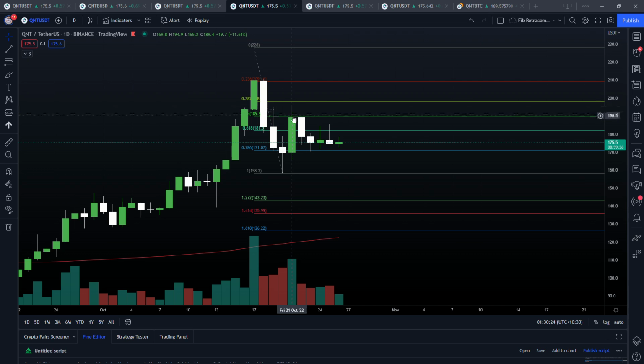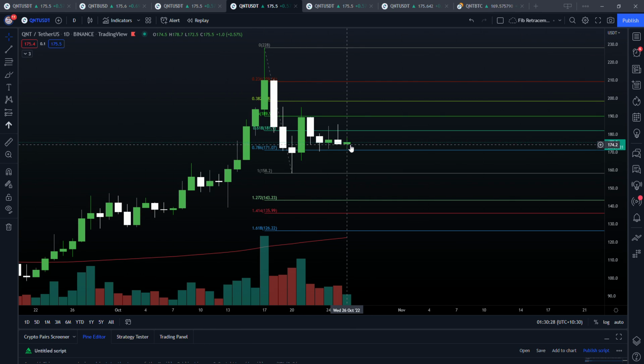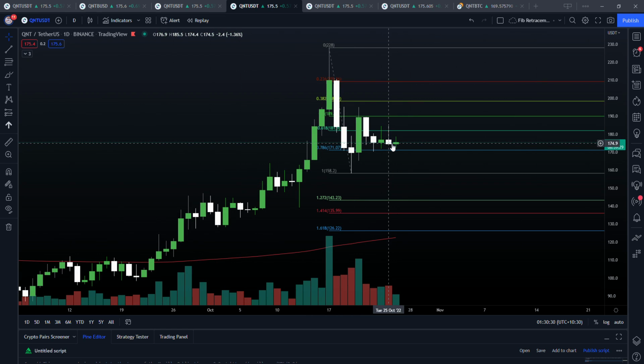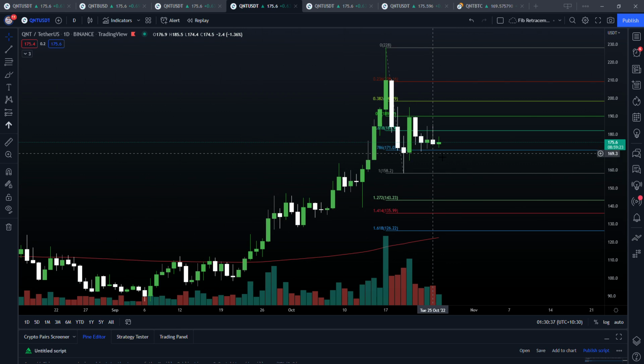We've come back up, retraced, found resistance in the golden pocket area, and as you can see, it's looking like it wants to retest this area again at 158, and that lines up perfectly with the support lines that I showed you just before.